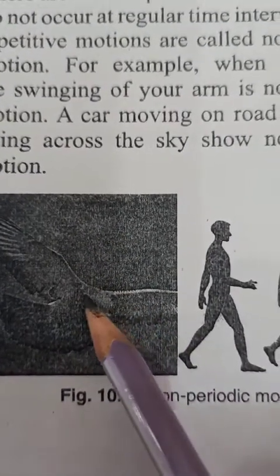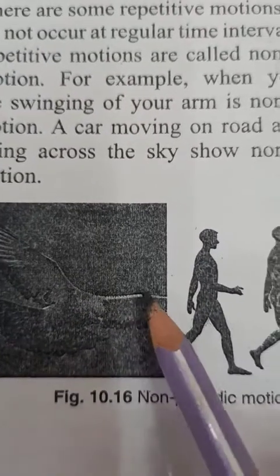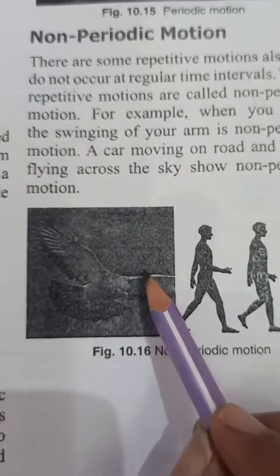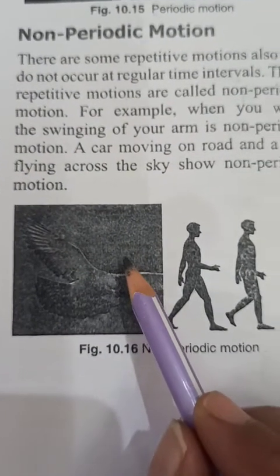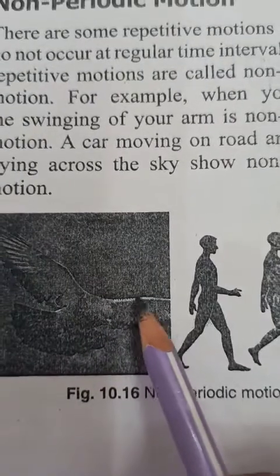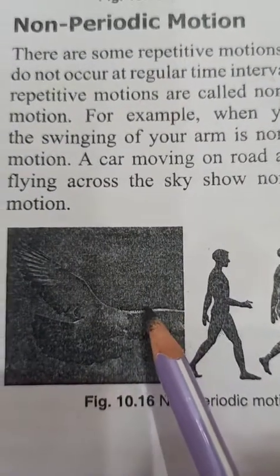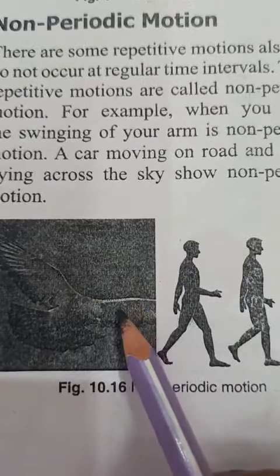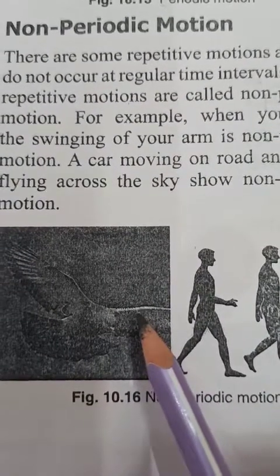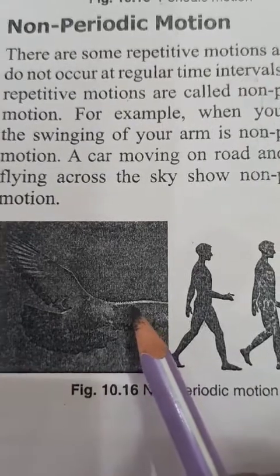And the second example they have given here is a flying bird. When birds fly in the sky, they also show a kind of motion with the help of their feathers. They flap their feathers up and down to move ahead or to fly.